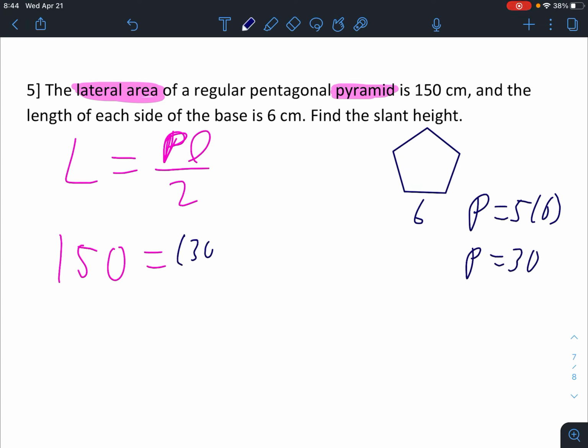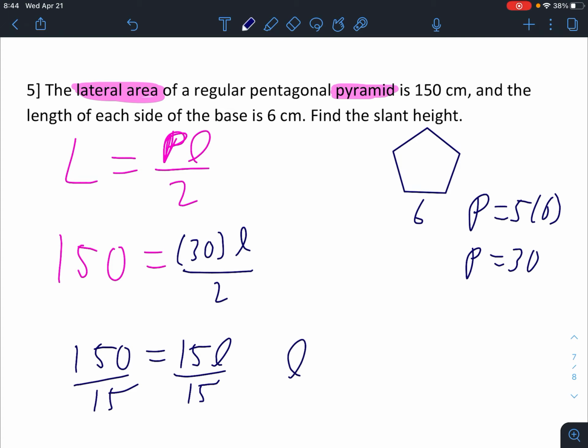So I can put 30 in for P. I don't know the slant height, over 2. And then we have to solve that. So 30 over 2 is 15. Divide both sides by 15, and we get the slant height equals 10. Now remember, for units, this is not an area. It's a linear measurement. So it's just centimeters.